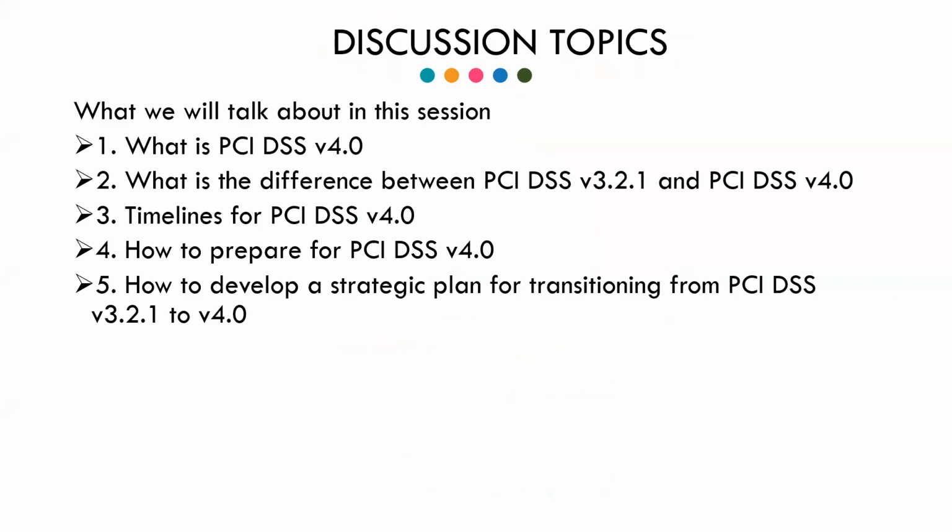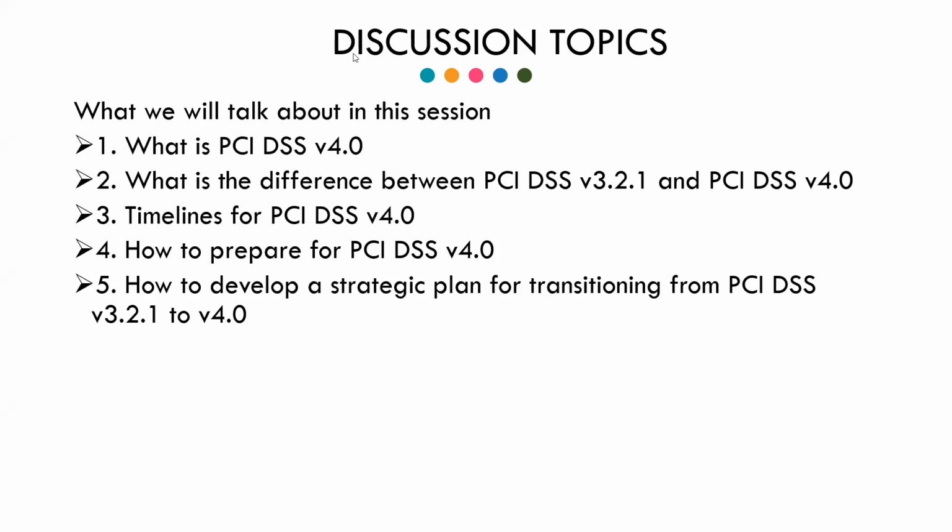We will be looking at what PCI DSS version 4 is, the difference between PCI DSS version 3.2.1 and version 4. And then also we will look at the timeline by which organizations will have to stay in compliance with, or will have to transition into, the PCI version 4 fully, right? Now, as of now, version 3.2.1 is still being used, and version 4 is also going alongside.